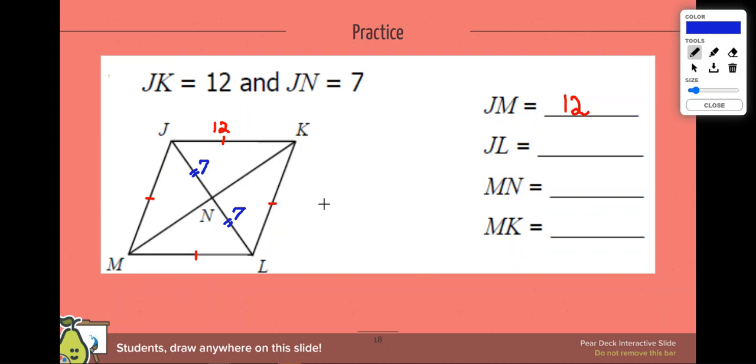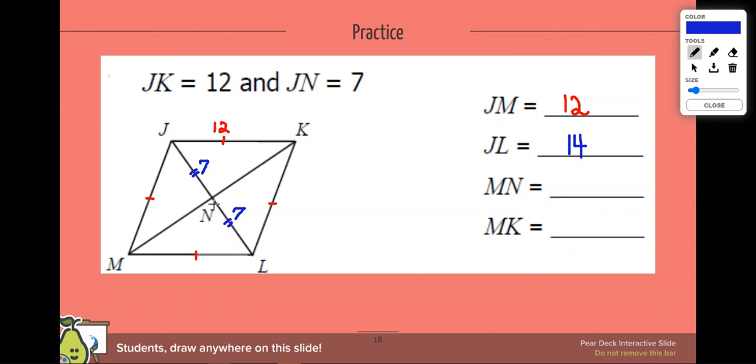Now, unlike a rectangle, the diagonals do bisect each other, but they are not congruent. So I cannot assume that the other lengths are 7. I can say that since JN is 7, then JL, the entire length of the diagonal, would be 14.